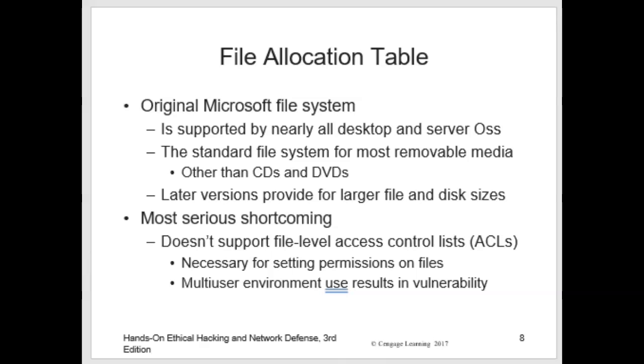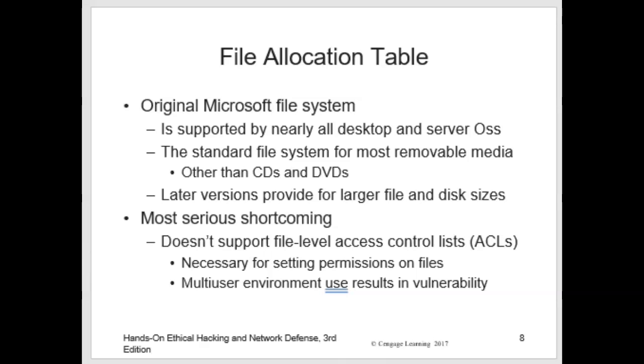So one of the things important in that is the file allocation table, sometimes just referred to as FAT, right? So FAT is specifically a table maintained on your hard disk by any of the Microsoft operating systems, including DOS and Windows operating systems.